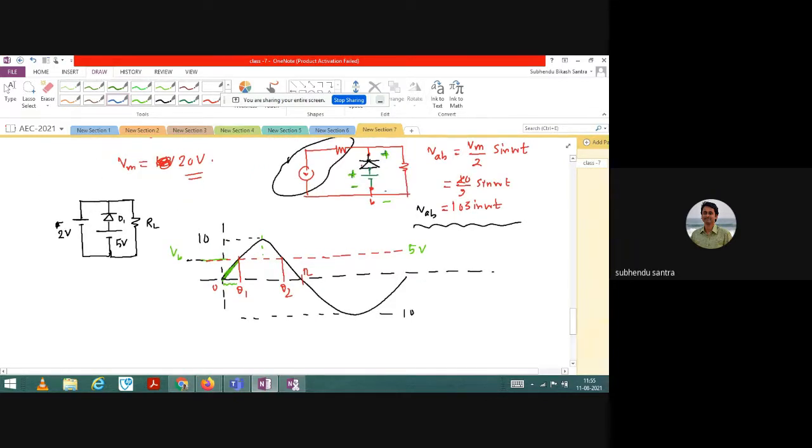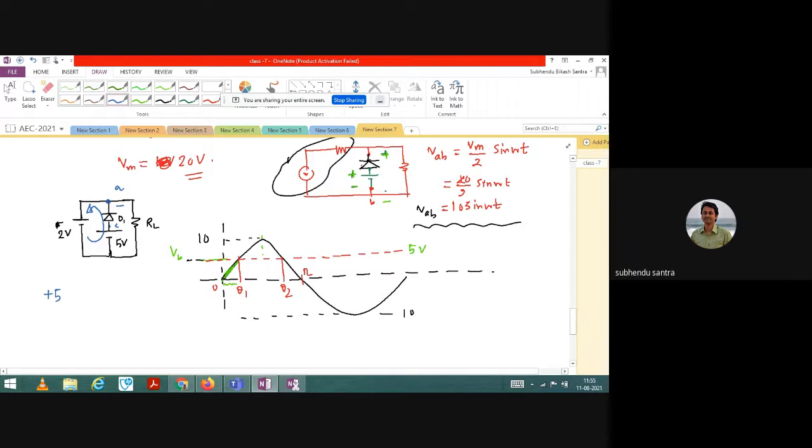Let us just think that there is a loop. All of you know how to write a loop equation. Let us say this is point A and this is point C. So KVL, tell me how to write KVL. 5 volt plus 5 volt, because I am going from minus to plus. Then what polarity voltage do I consider?